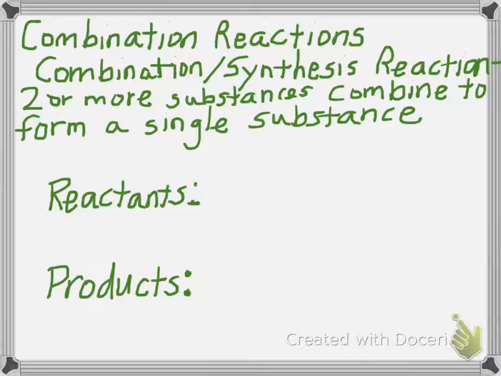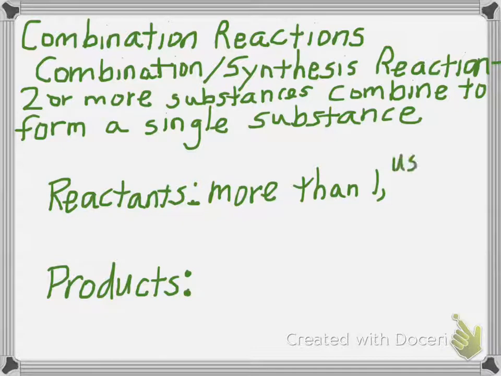If you look at that definition, you should be able to answer that, because our definition says 2 or more substances combine. So for our reactants, we're going to say that there's more than one.